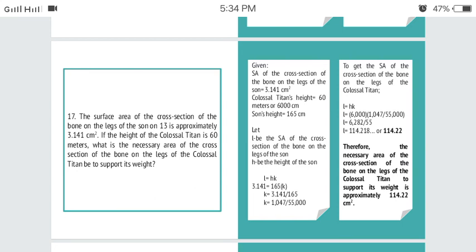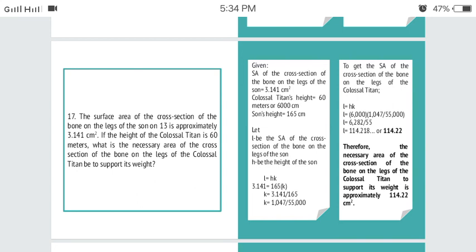The equation is L is equal to HK, where K is a constant. So 3.141 is equal to 165 times K. That is K is equal to 3.141 over 165. So K is equal to 1,047 over 55,000.